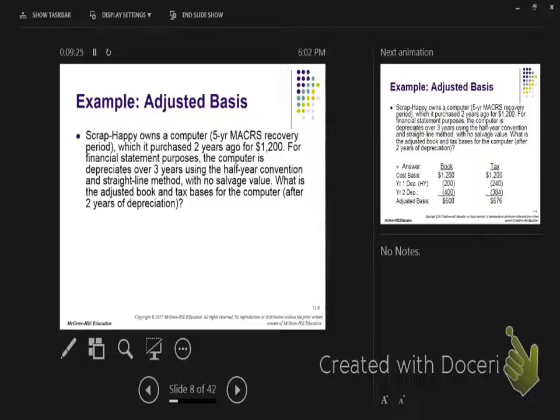Okay, so if we just use straight line, assuming that in the first year we only put it into use halfway through the year, what is my depreciation in year 1 and year 2? Okay, go back to financial accounting, even though technically you didn't have to have it. How do we depreciate a $1,200 piece of equipment over 5 years using straight line if we only put it into use half of the time in the first year and a full year in the second year?